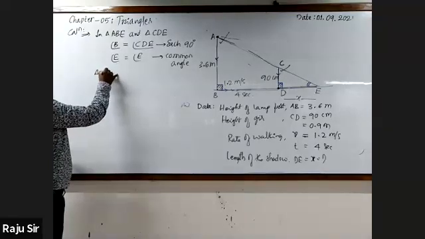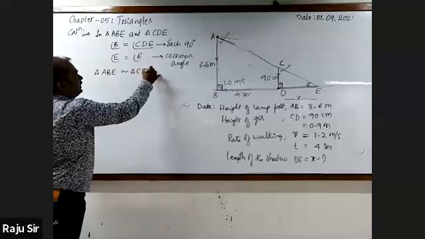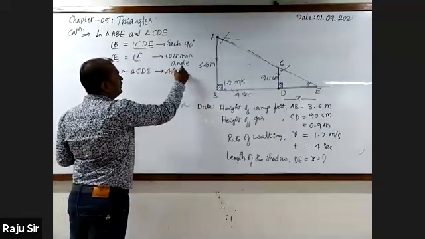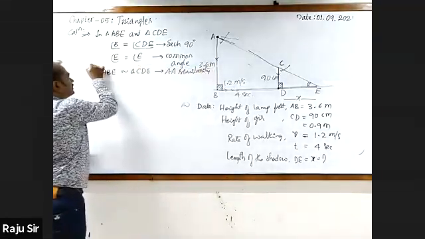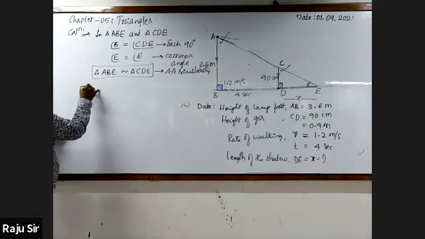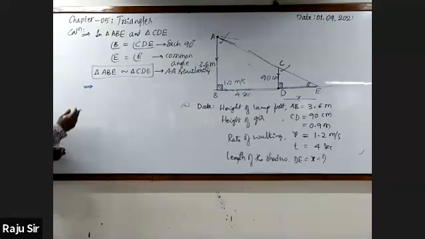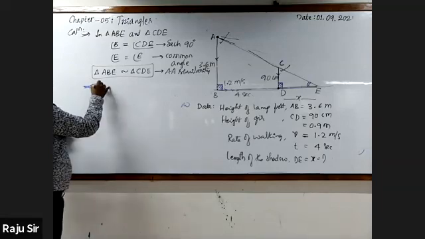And again, AA similarity is also known as just AA similarity. Triangle ABE is similar to triangle CDE. Reason, AA similarity. As these two triangles are similar, let us write their corresponding sides in the same ratio.